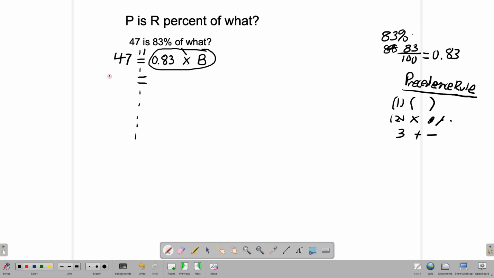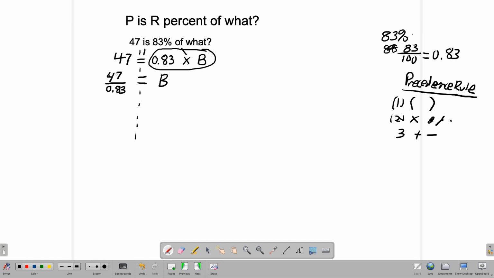So what you do is you have 47 over here. When we carry the 83 over here, it's going to produce its opposite, which is division. So we take 47 and we divide by 83, and we leave the b over here.